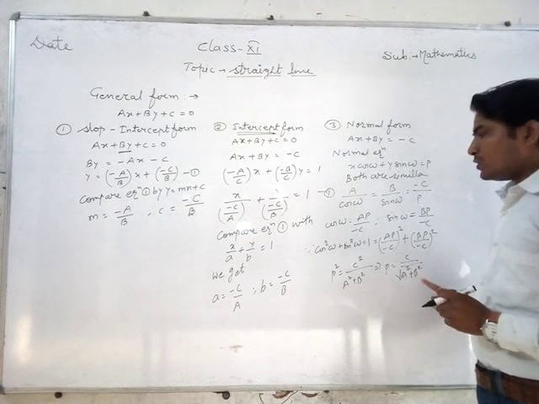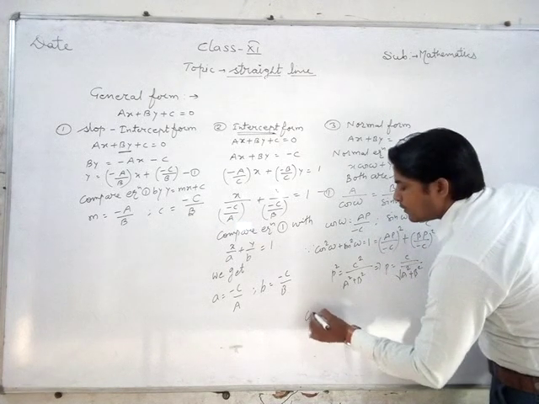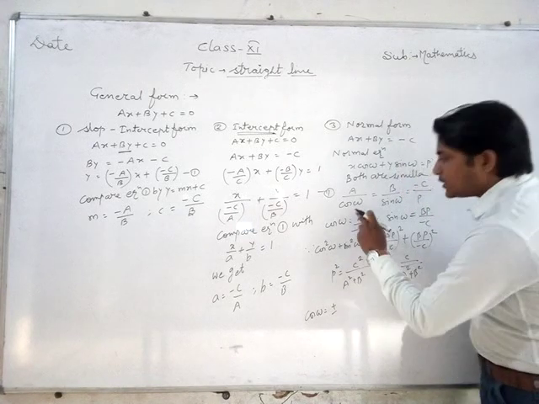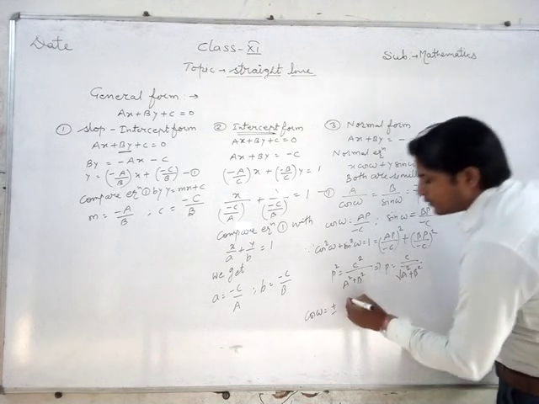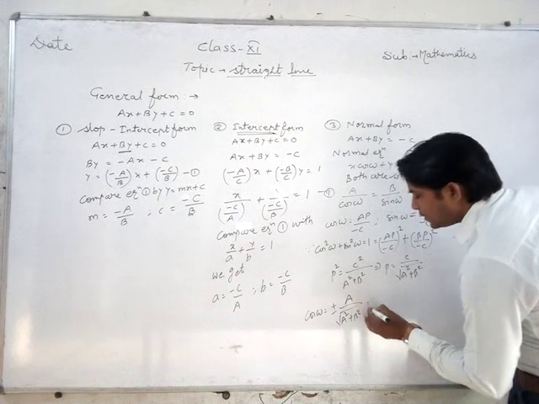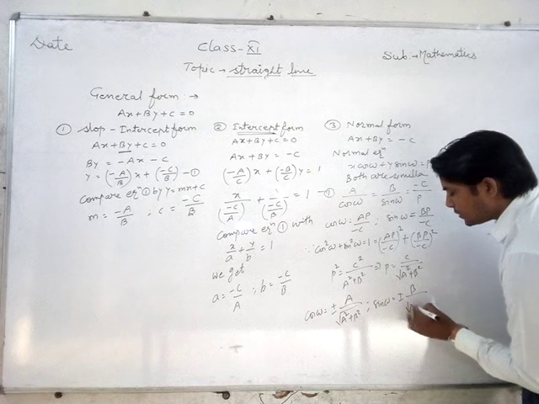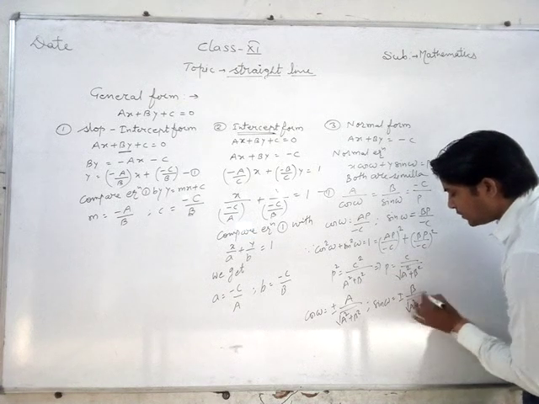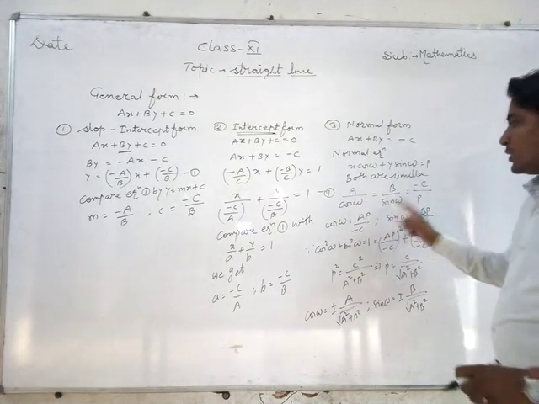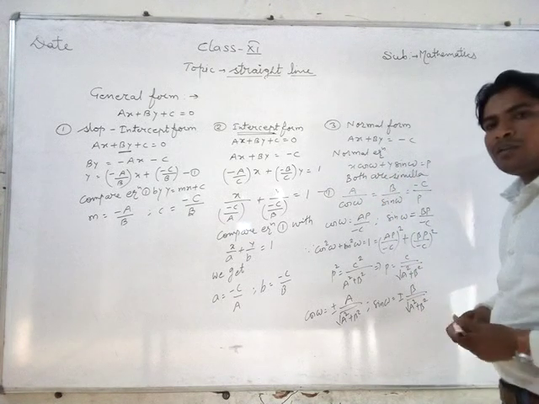If we put the value of p here, then we get cos omega equal to plus minus a upon under root of a square plus b square, and sin omega equal to plus minus b upon under root of a square plus b square. If we put these values of cos omega and sin omega in the equation, we get x cos omega plus y sin omega equal to p.